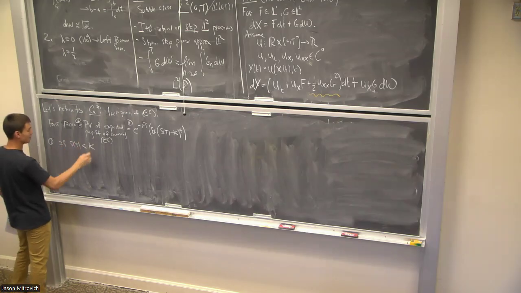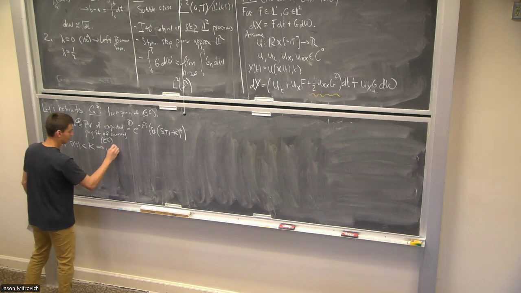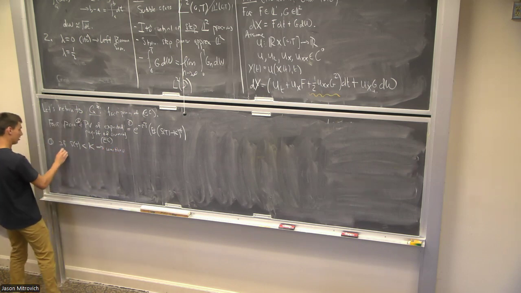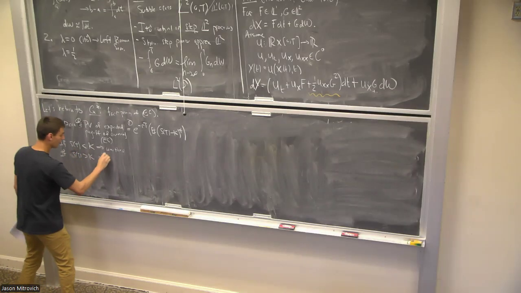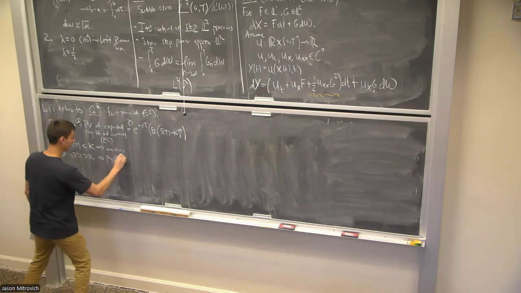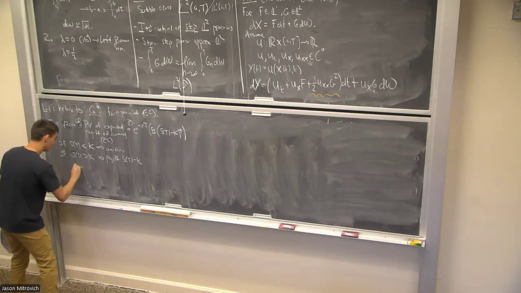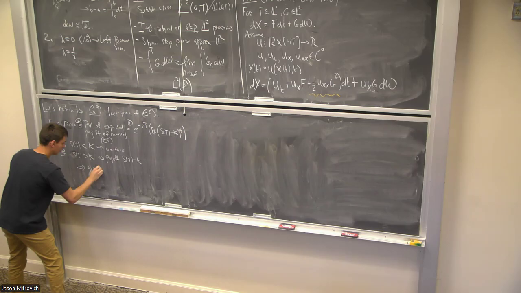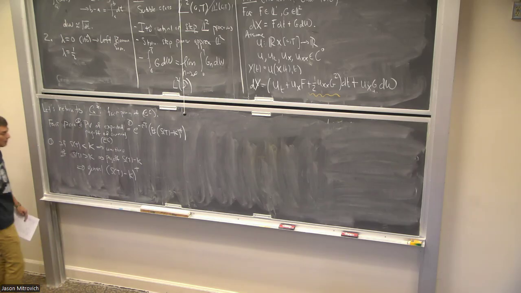If the future price is less than the strike price, we just don't use the contract, right? The price of the object is cheaper than the contract that you held. The contract is worthless. All right. If S of T is greater than K, then the payoff is S of T minus K, obviously, right? And so the general formula, of course, is just taking the positive part of it.